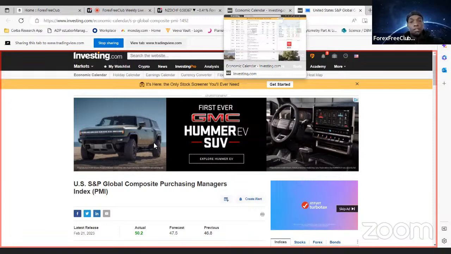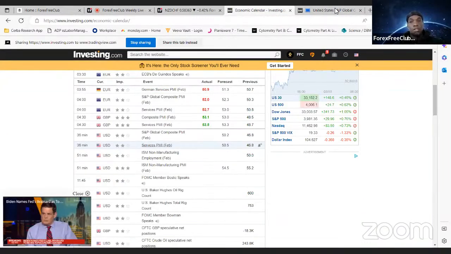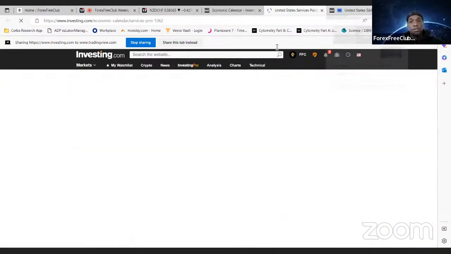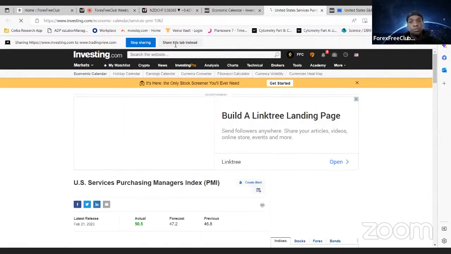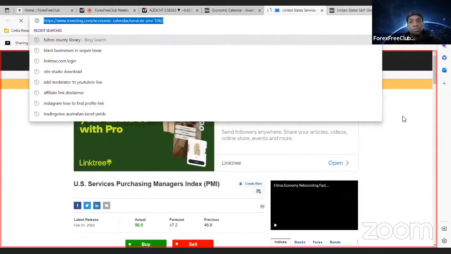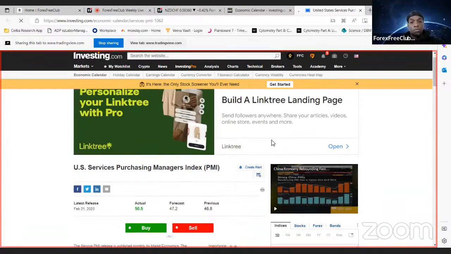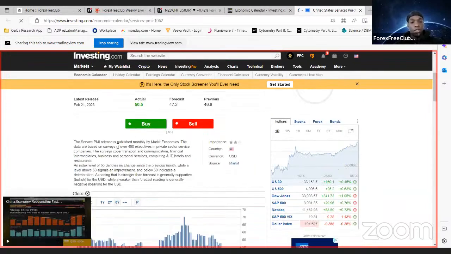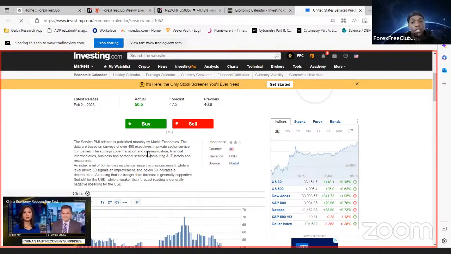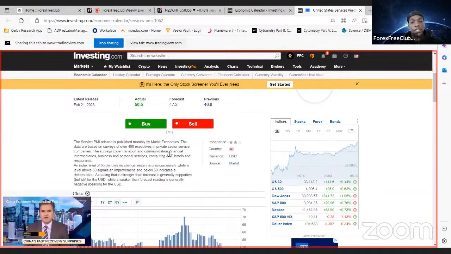And then let's get the next one open. Services PMI. All right, so the Services PMI release is published monthly by Market Economics. The data are based on surveys of over 400 executives in private sector service companies. The surveys cover transport and communication, financial intermediaries, business and personal services, computing and IT, hotels and restaurants.